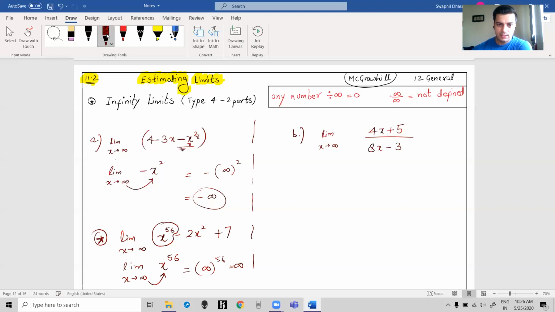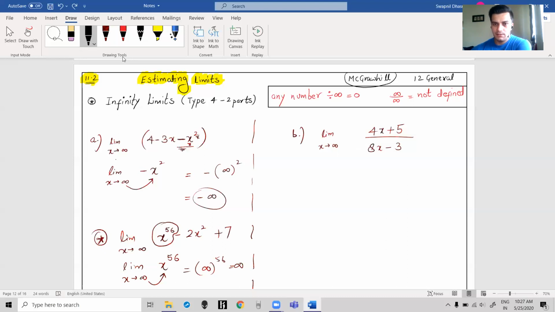And the type 2 questions are where you have rational functions, as you can see I've written on the right, p by q, a numerator, a denominator. Now if you put infinity, it's going to be infinity divided by infinity, which is again undefined. So we need to simplify. Rules you need to set before doing this.